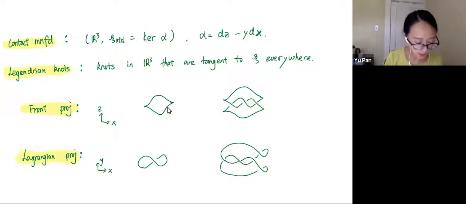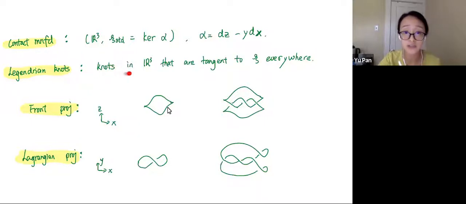So first, in this talk, we focus on R3 with the standard contact structure. These are just two-plane fields given by the kernel of a one-form, and this one-form is dz minus y dx. In this contact manifold, we consider Lagrangian knots.